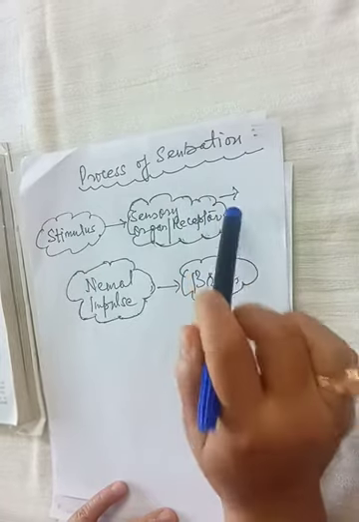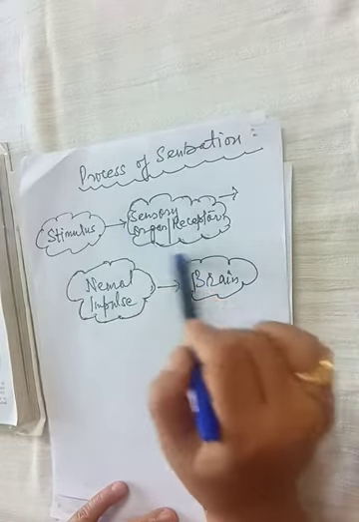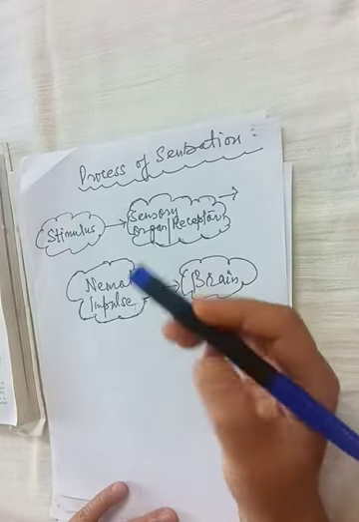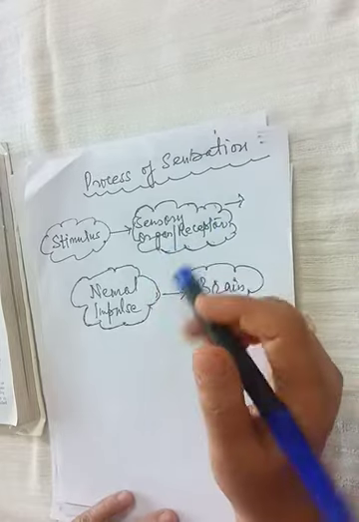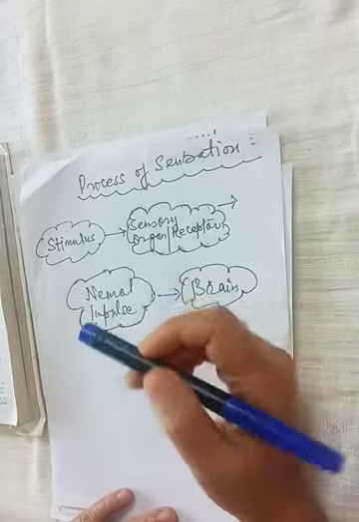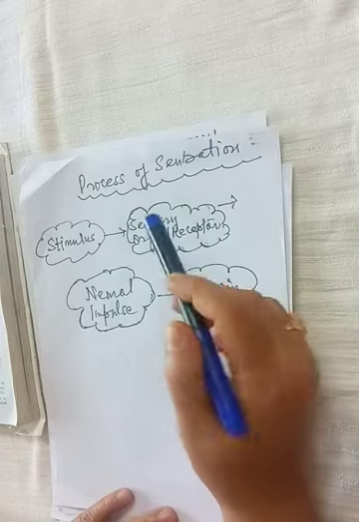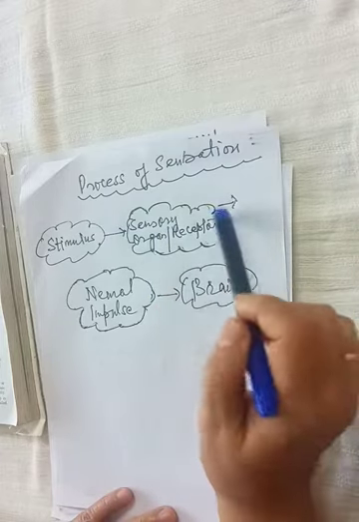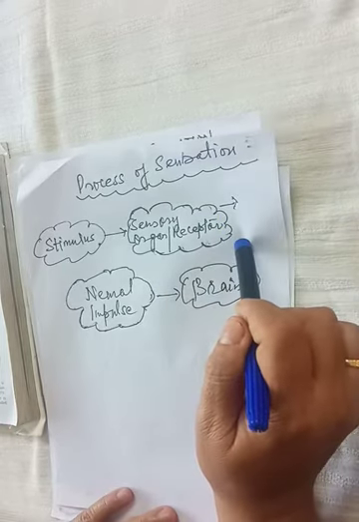And how it takes place: some stimulus in the environment affects the sensory organ. Stimulus can be in the form of light, sound, smell, taste, pressure, pain, temperature, etc. And accordingly, our different sense organs, the five sense organs, are capable of receiving those stimuli.